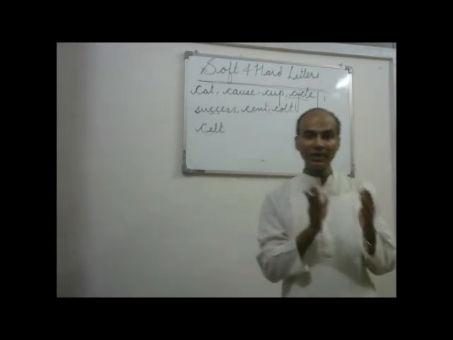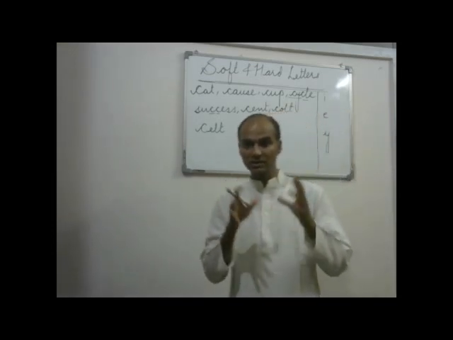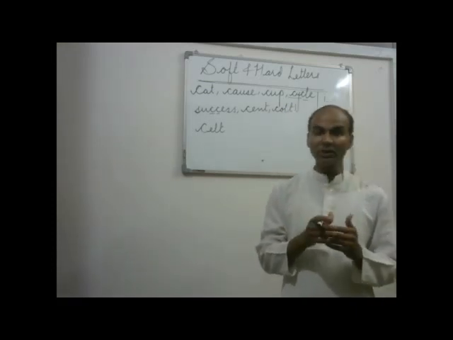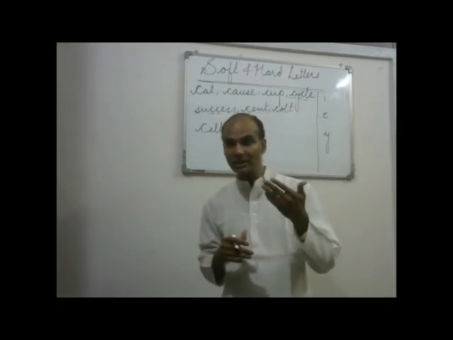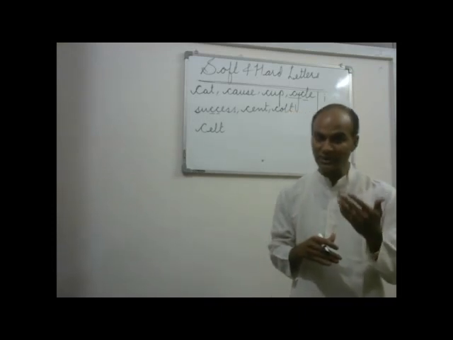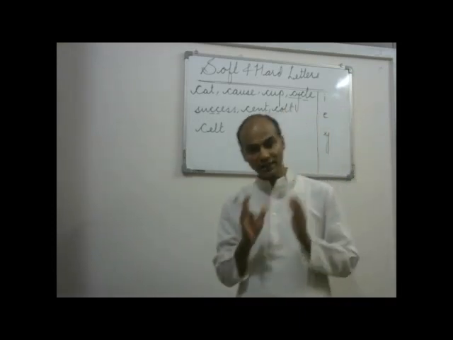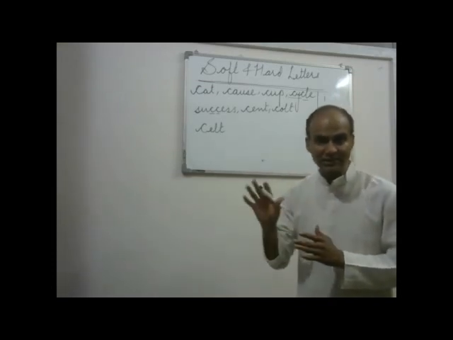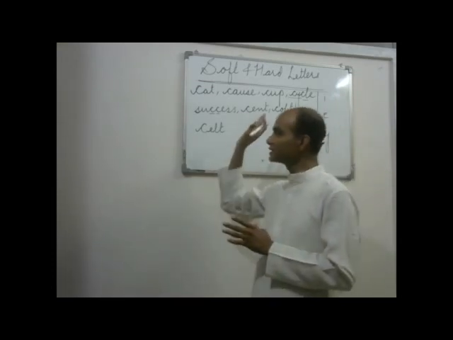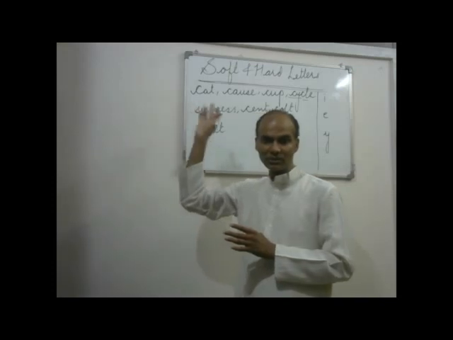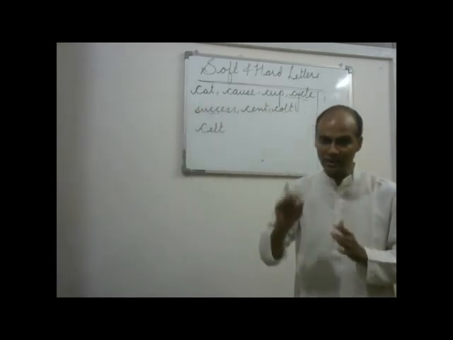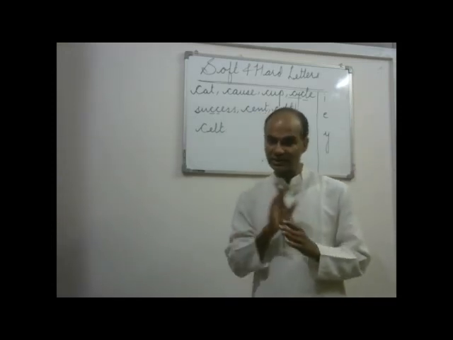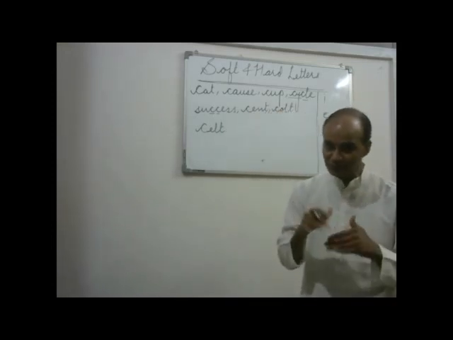A member of the community of people of Indo-European origin, or one who speaks the Celtic language, is called a Celt. So here it is Kelt and not Selt. So this is an exception to this rule: though C is being followed by E, still it is K and not S. It is hard, not soft.